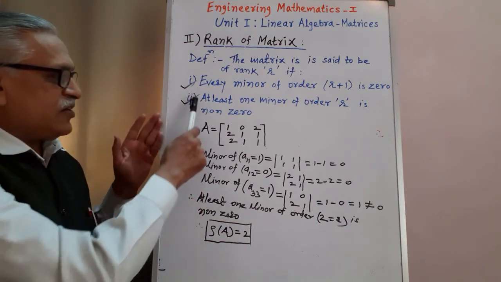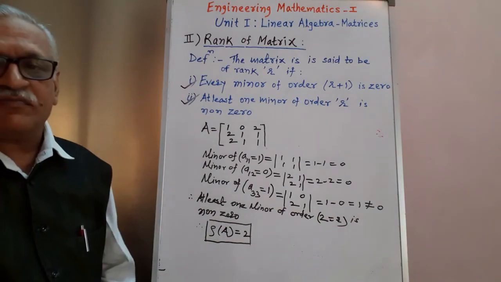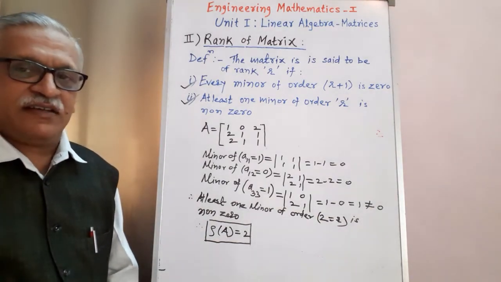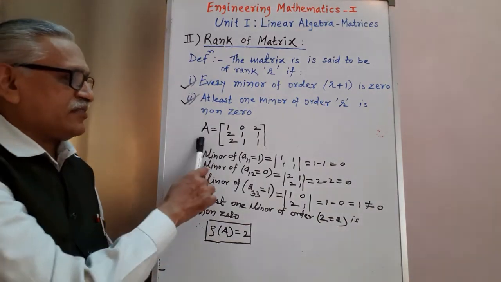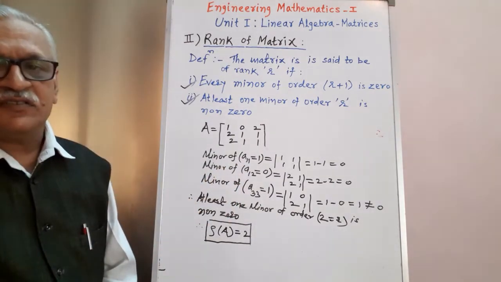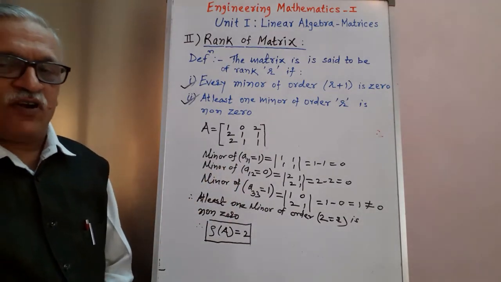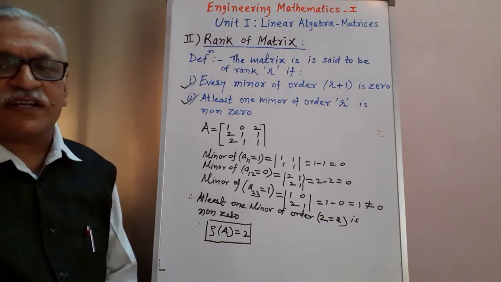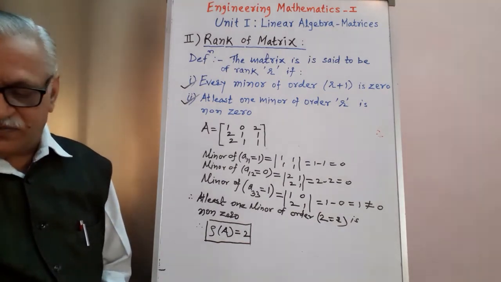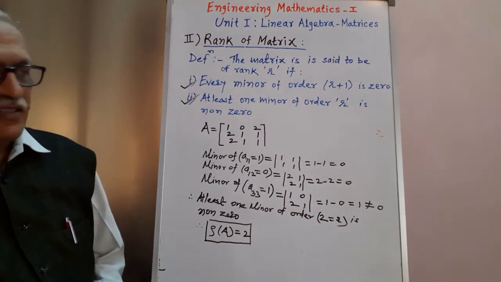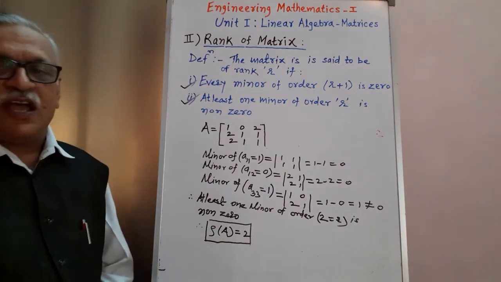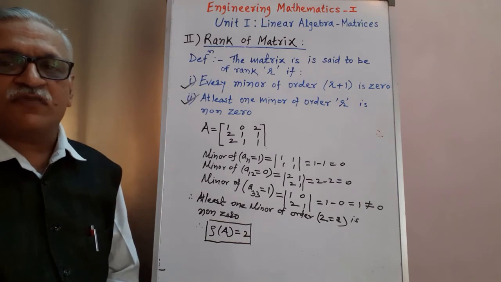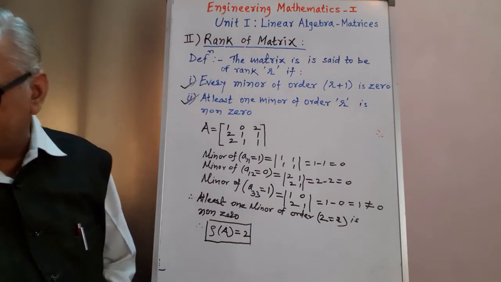Therefore, we are not using this technique for matrices whose order is more than 3 by 3. For that, we have to apply a canonical form technique or equivalent form technique to determine the rank. In the next example, I will explain that technique.